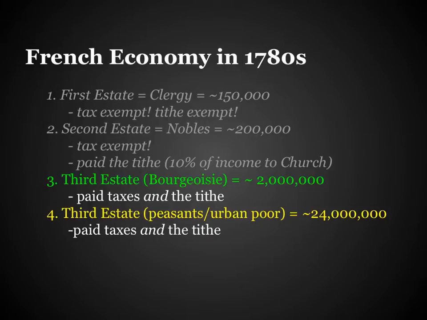Now, at first glance, this may seem like a good thing, right? 26 million French people were paying taxes, while only 350,000 were exempt. However, when you consider that the Third Estate, and particularly the peasants and the urban poor, lived at or below the poverty line, then it seems clear why France never quite raised enough money to pay off their national debt.